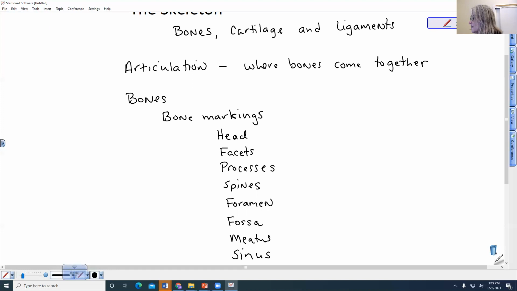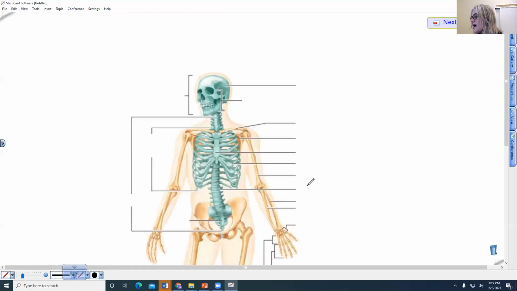Now, you remember that our skeletal system is arranged in terms of the axial skeleton and then the appendicular skeleton. So the axial skeleton forms the longitudinal axis of our body, and it also provides protection and support. So we could talk about this skull here as providing protection for our brain.